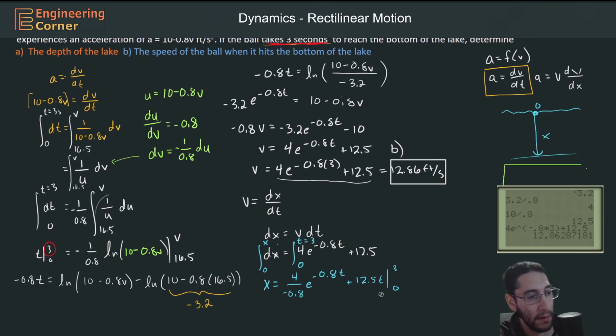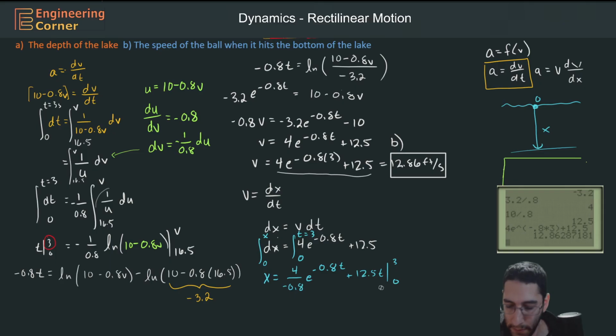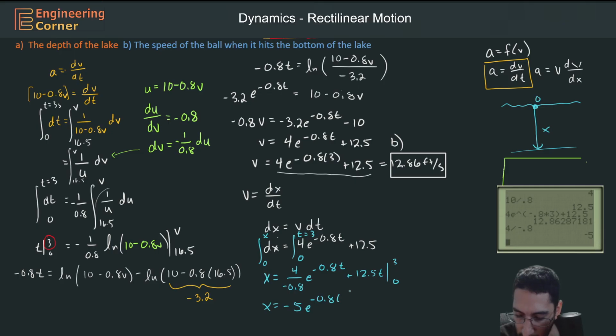So now, what's 4 divided by minus 0.8? Minus 5. So x is equal to minus 5 e to the minus 0.8 times t plus 12.5 times t.